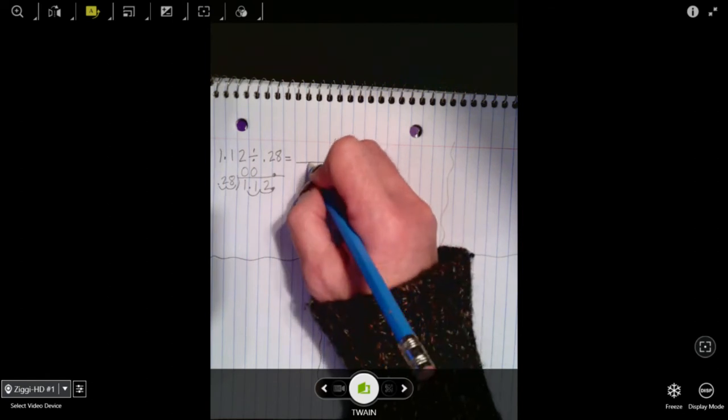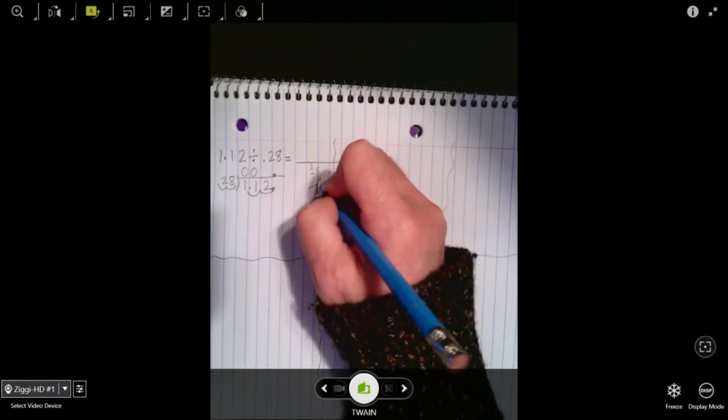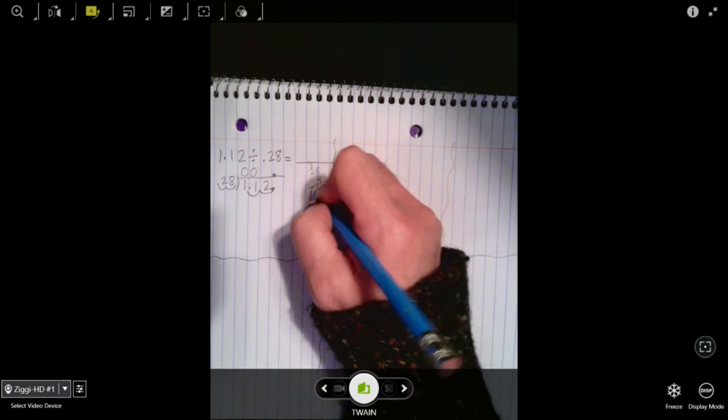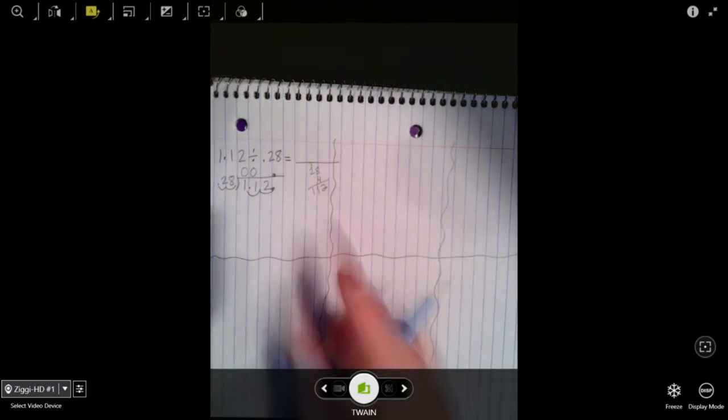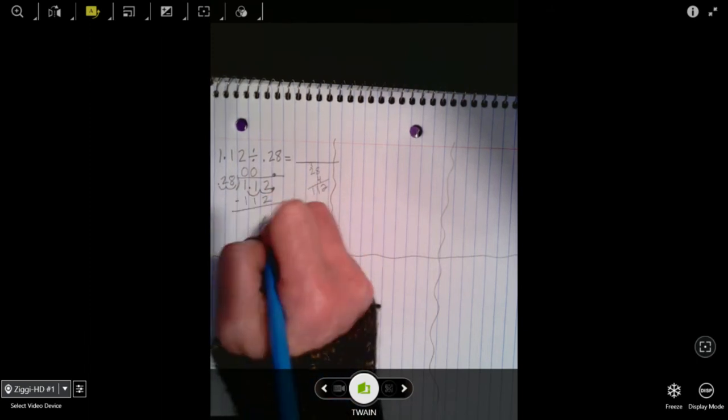I'm going to try to multiply it, guess and check here. 8 times 4, I know that's 32. 4 times 2 is 8, plus 3 is 11. Ooh, I just happened to get it right on the money, 112. So now I subtract, and that's my answer. I need to make sure that I put my 4 up here.